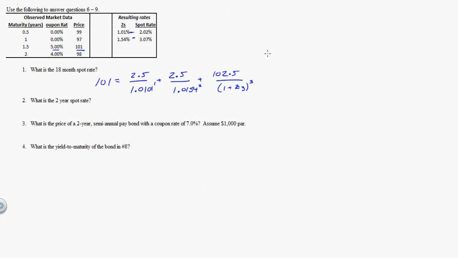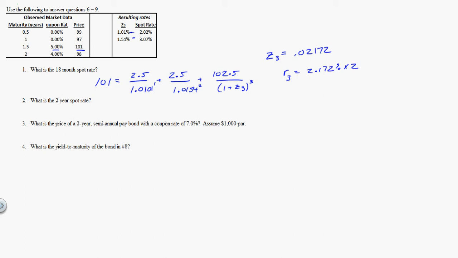I'm not going to do the algebra. Z3 is equal to 0.02172. So the spot rate, R3, is going to be 2.172% times 2 to annualize it.